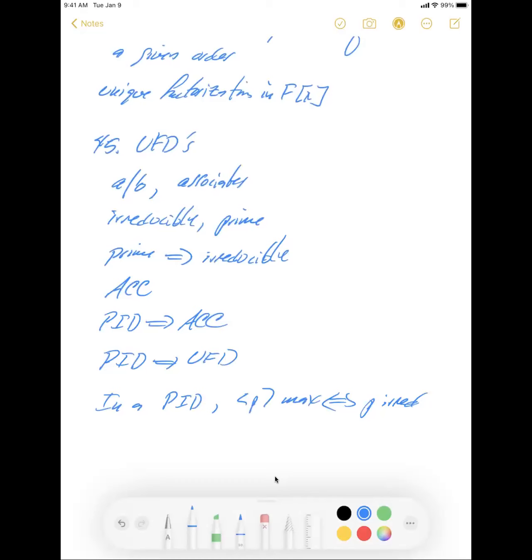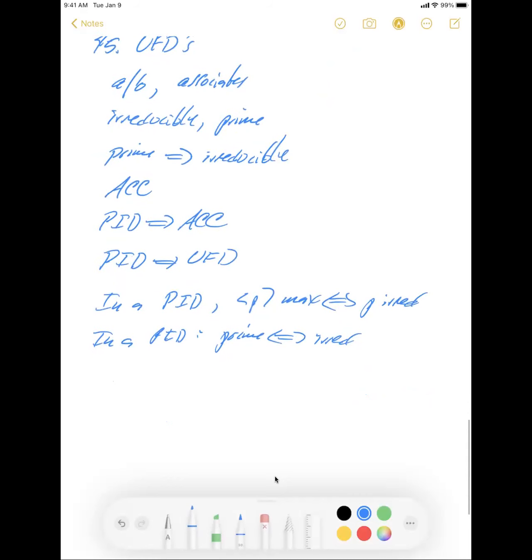So then in a PID, prime is equivalent to being irreducible. And so, in fact, that gives you a way to show in certain cases that you're not working in a UFD.